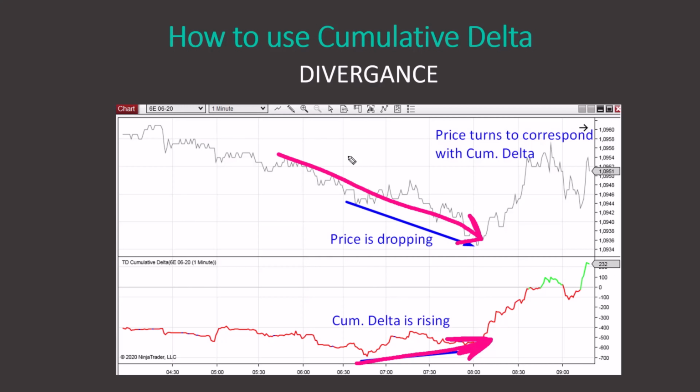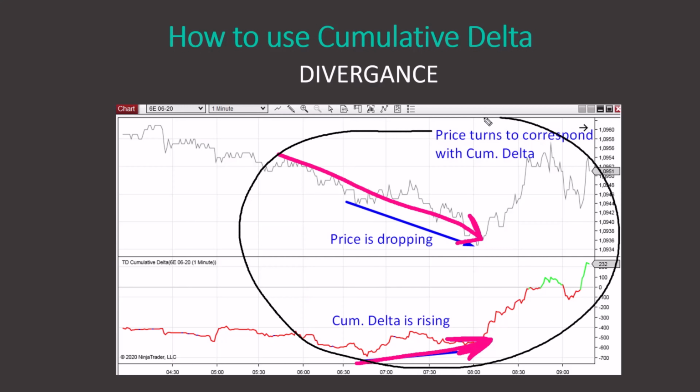And most of the time, delta and the price action chart move in the same direction. But there'll be cases where they don't move in the same direction, and this is where you should be expecting the price to turn or something to happen. Like in here, what the price tends to do is follow delta. So in here, delta was rising, price was dropping.